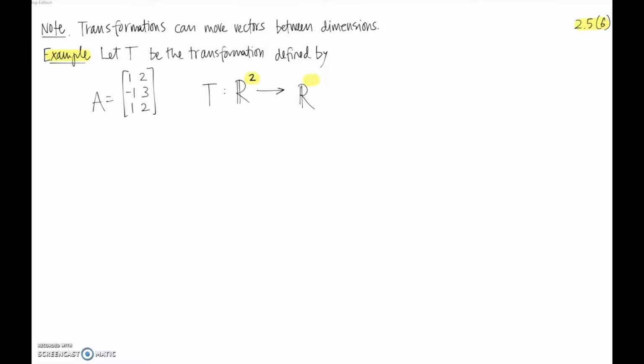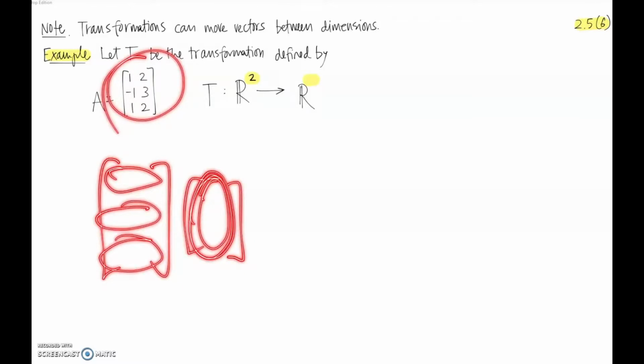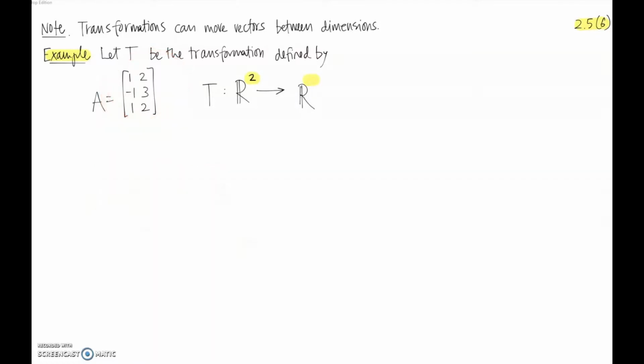Well, when we do this multiplication, we're starting in R2, and we'll take this row with this, and we'll get an element, and then we'll take this row with this and get an element, and this row with this, we'll get an element. So it looks like we're ending in R3. So this is a transformation that's going to take vectors in R2 and transform them into vectors in R3.